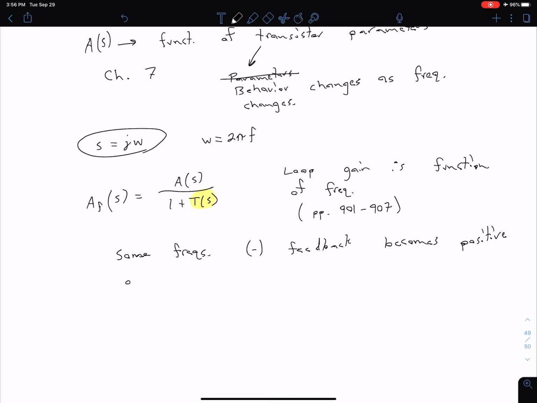So we have a positive number being added back to our input, which can lead to our system being unstable.